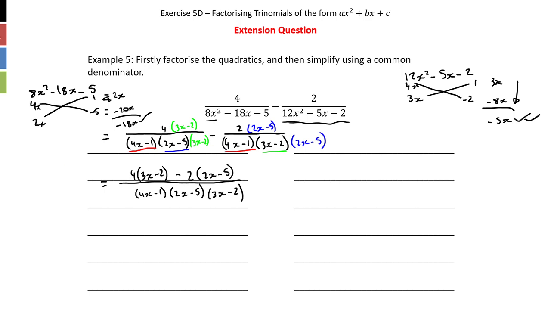We're going to get 12x minus 8 minus 4x plus 10 over 4x minus 1, 2x minus 5, 3x minus 2.